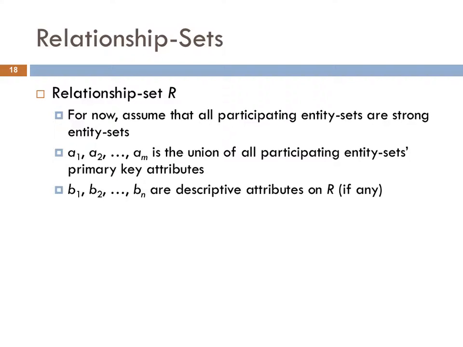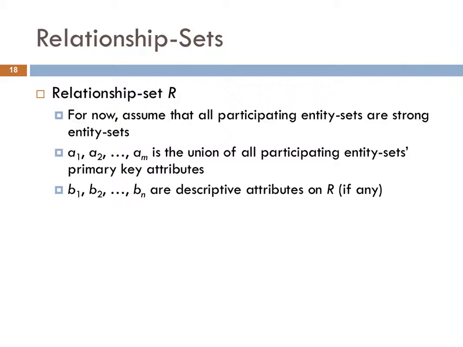What about the relationship sets? Well, this is where, remember that relationship instances derive their identity from the participating entity instances. And because of that, the relationship set has to include the primary key attributes of the participating entity sets.